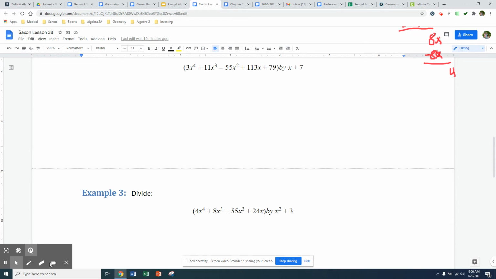We'll finish up today looking at one example of long division that has a binomial. So we'll start out by first writing out x plus 7 as our divisor, and then the polynomial, 3x to the fourth plus 11x to the third, and so on, will be our dividend.